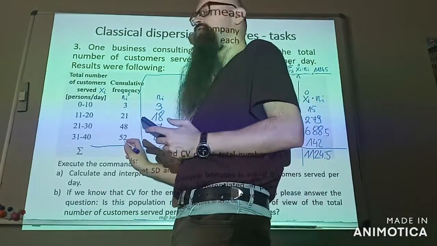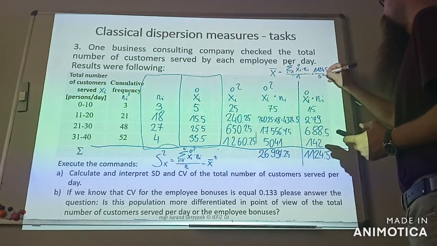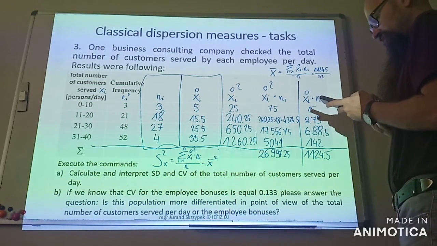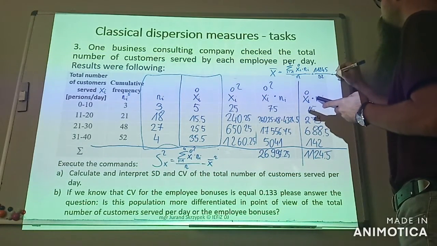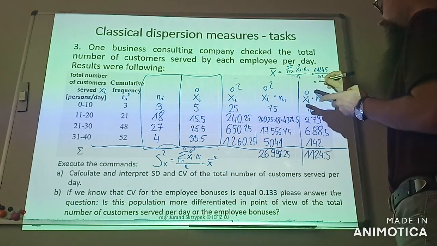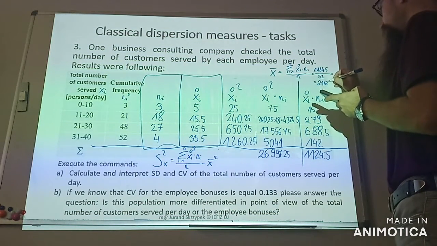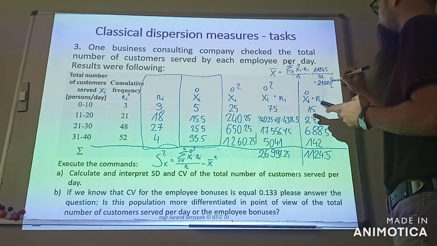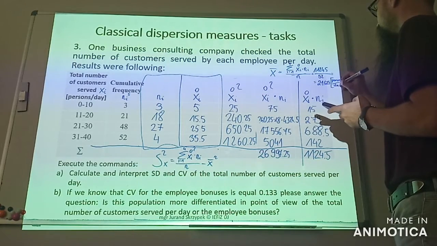As I said before, the population size is 52. So I divide the sum by 52, and here I have 21.625 persons per day.